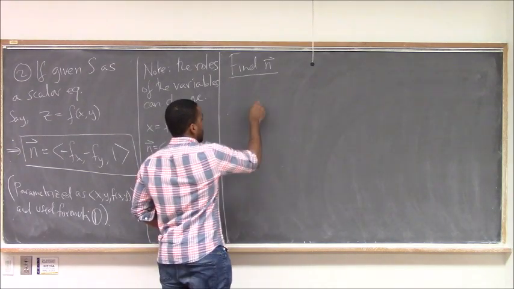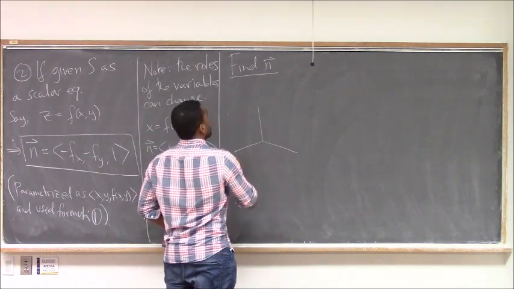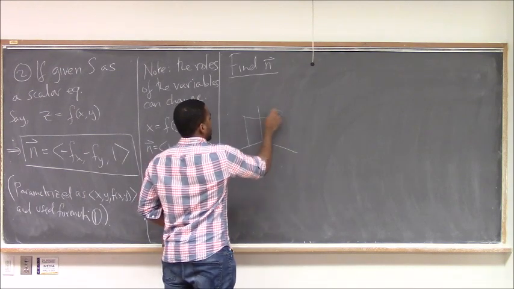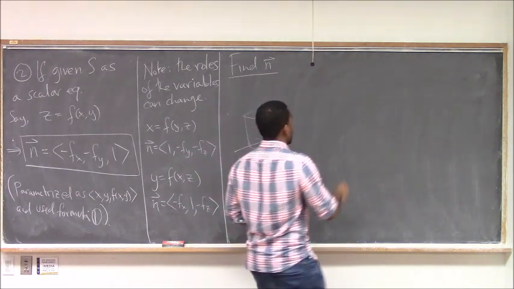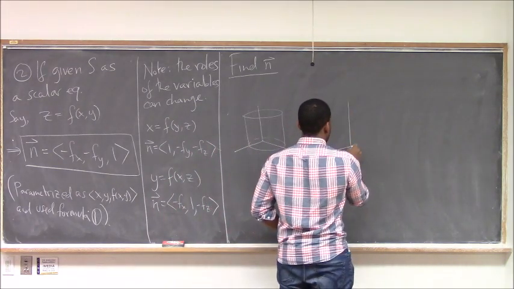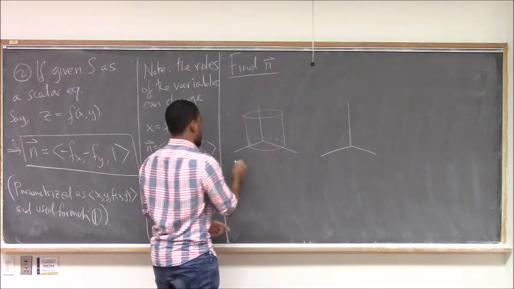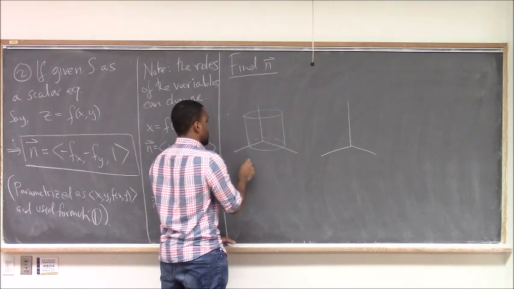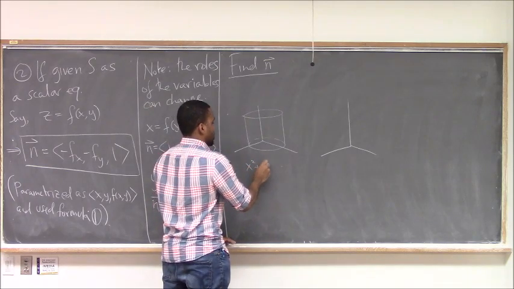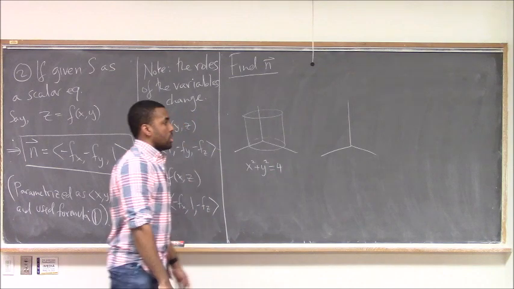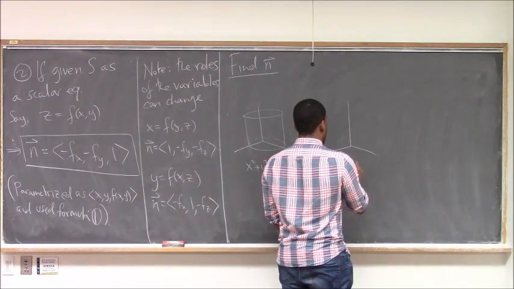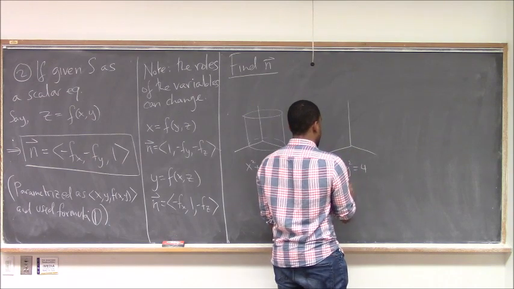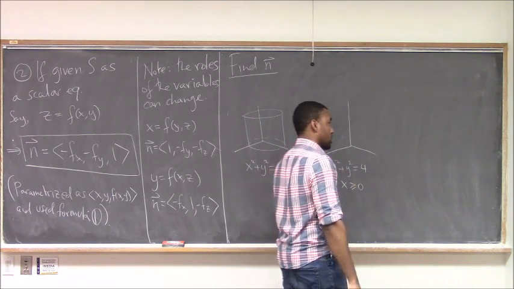Okay, so let's look at an object like this. It's just an upright cylinder. This would be an example, say this is x squared plus y squared equals 4. And I could describe x squared plus y squared equals 4, but we define that x to be greater than or equal to 0.